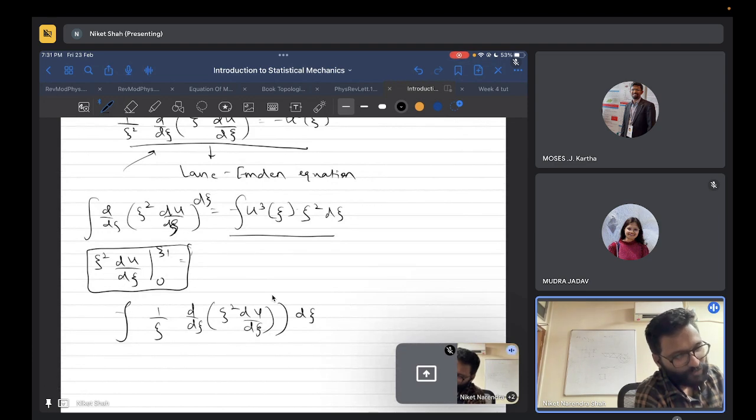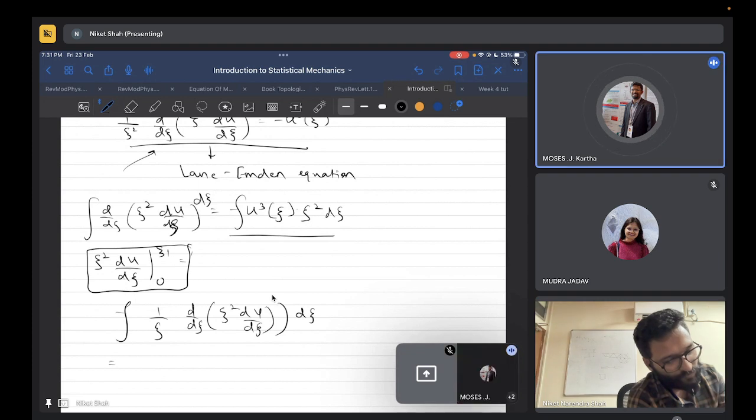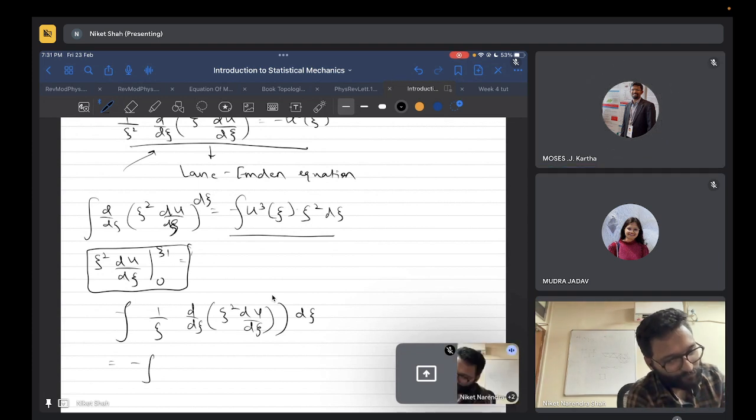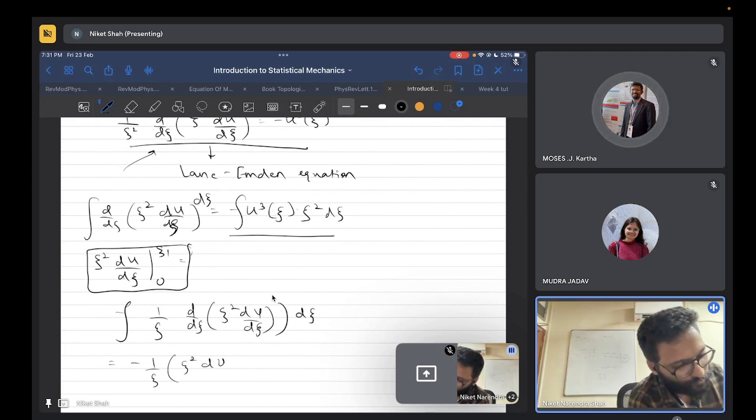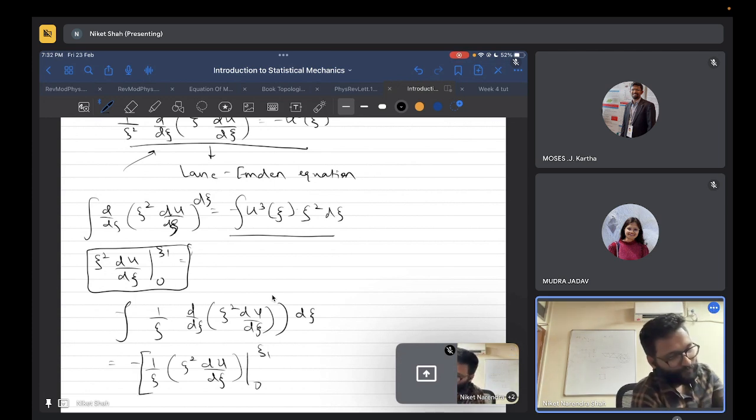Will this be easier? Let's try. It is equal to minus of, I will obviously integrate this term only. So in that case, I'll get 1 by chi into chi square du by d chi, from 0 to chi 1. u at chi, du by d chi at chi 1. Okay, we do have that value.